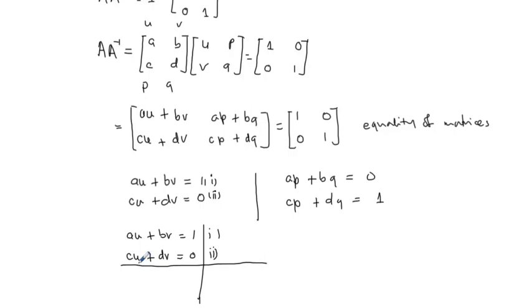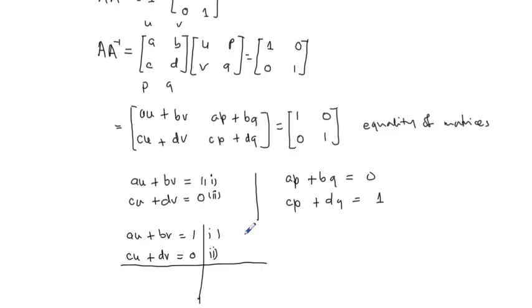Just check what we're going to do here. We want to eliminate u, so we are going to multiply by minus c here and by a here.